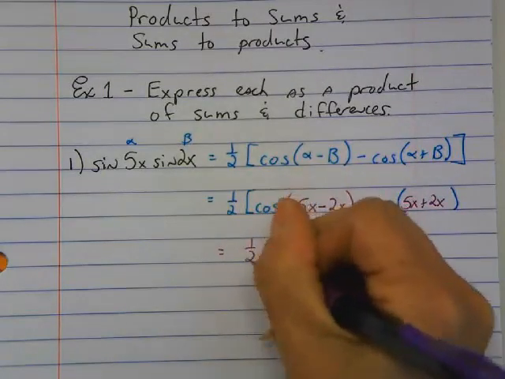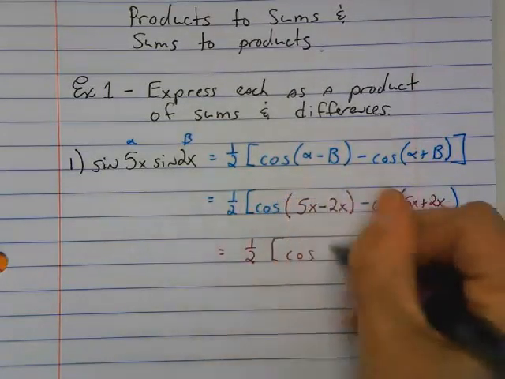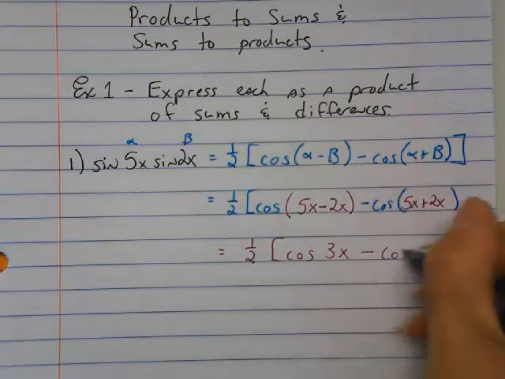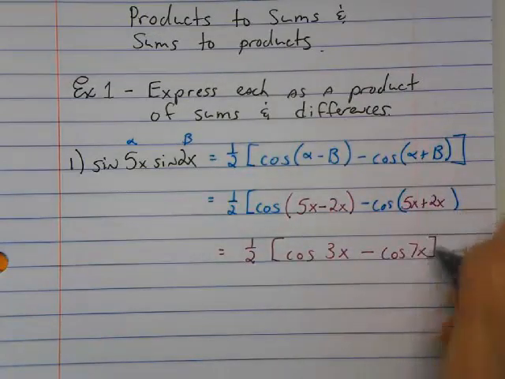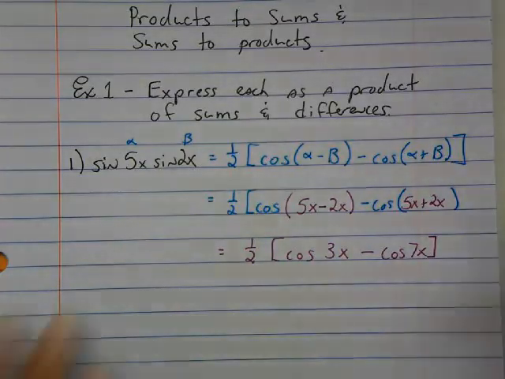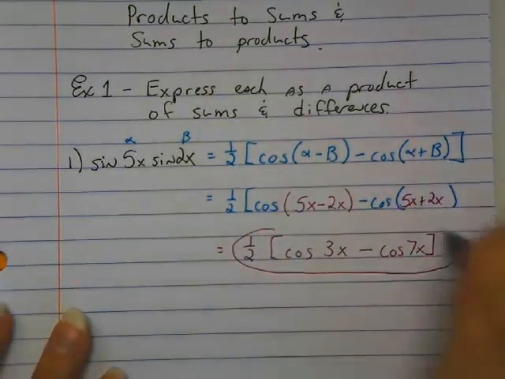My final answer will be 1/2 cosine 5 minus 2 is 3x, 5 plus 2x is 7x. Alright, and you're done. You can't do anything further. You can't put the 3x with the 7x because they're not like terms. So that's my final answer.